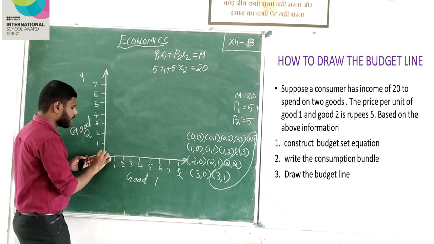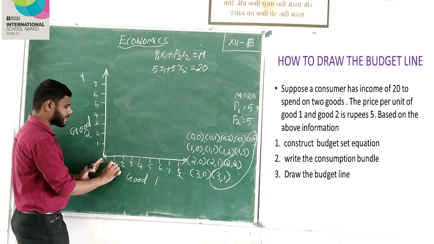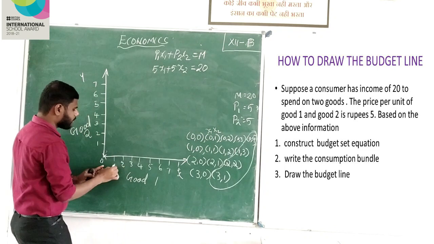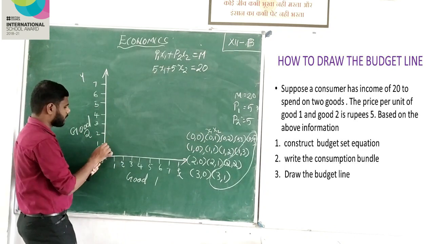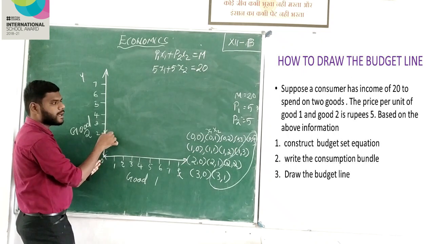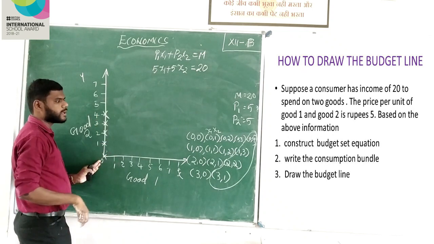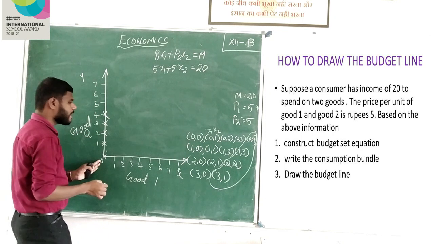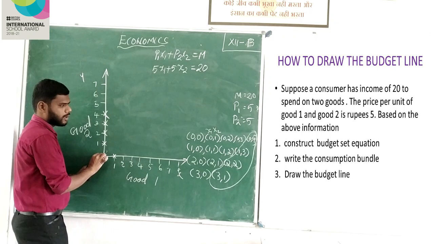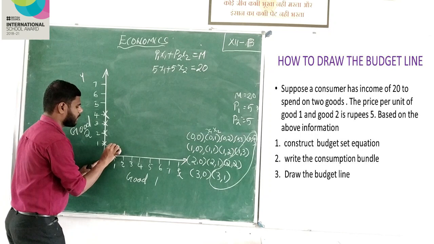The first one is 0, 0. Then 0, 1. Remember x1, x2, so x1 is 0, x2 is 1. So we mark here. Next 0, 2. Next 0, 3. Next 0, 4. Finished. Then the next choice is 1, 0, x1 is 1, x2 is 0. Then 1, 1, we mark here.